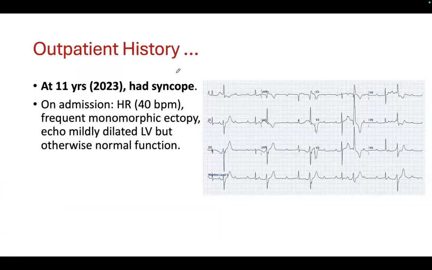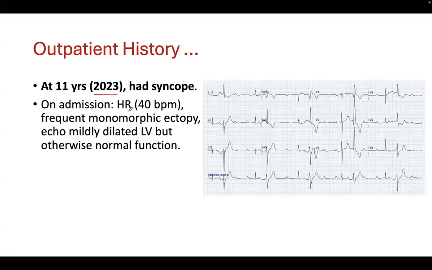So then he was still followed up, no intervention done until he had syncope in 2023. He was playing in Pakistan, actually in the heat, sweaty, very hot, probably dehydrated, and he fainted, I think, twice. Then he came to Kuwait, and mom told us this information.